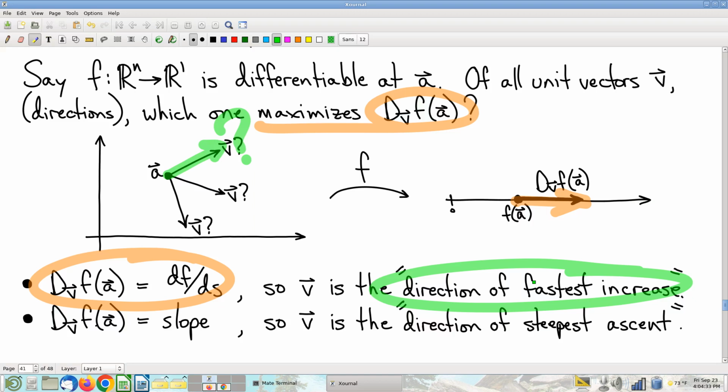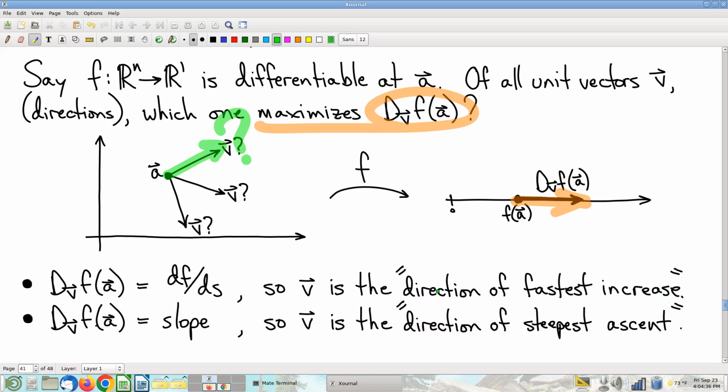Now, here's the thing. You might interpret directional derivative differently. You might interpret directional derivative as slope of the graph. That's a totally different interpretation, equally valid. And with this interpretation in mind, I want to maximize the slope of the graph. So I want to find which direction I should go so that the slope is as high as possible, and that means I want to go in the direction that's as steep as possible as I climb, aka ascend the graph.